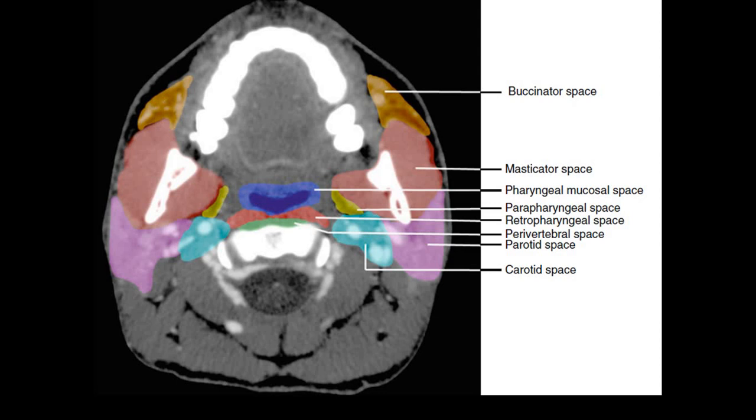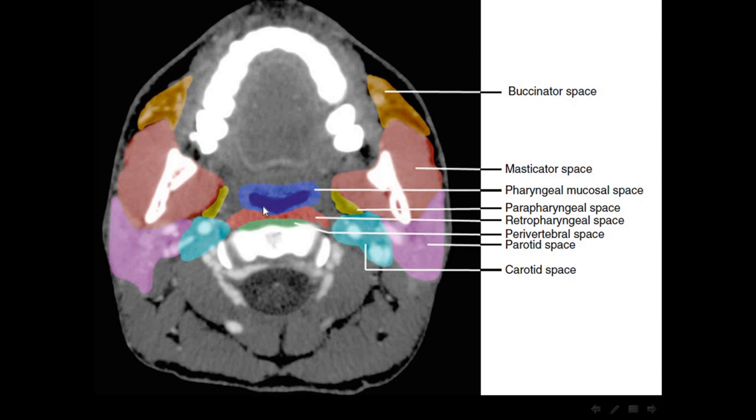Now we move on to see the images of what we have learned about the head and neck. These areas are highlighted here in different colors. This is the buccinator space, masticator space, the parotid space. This is the carotid space. This is parotid, and this is carotid. The carotid space includes the internal carotid, internal jugular, and the vagus nerve.